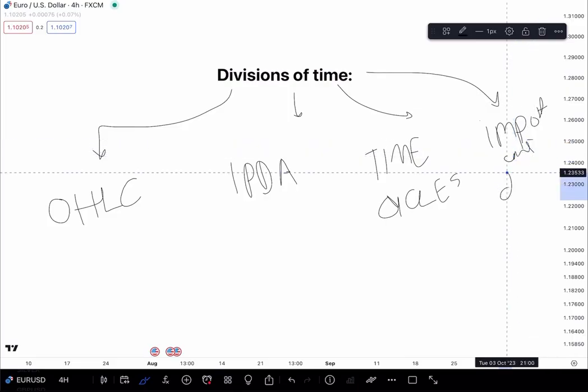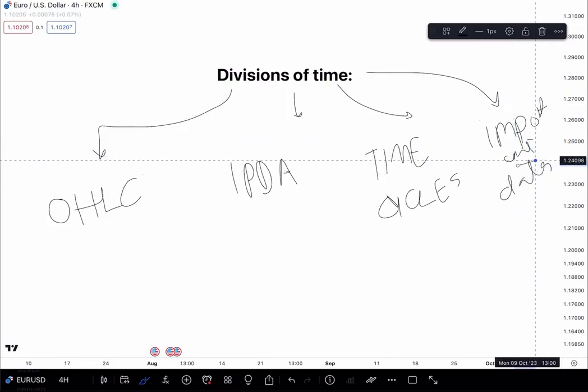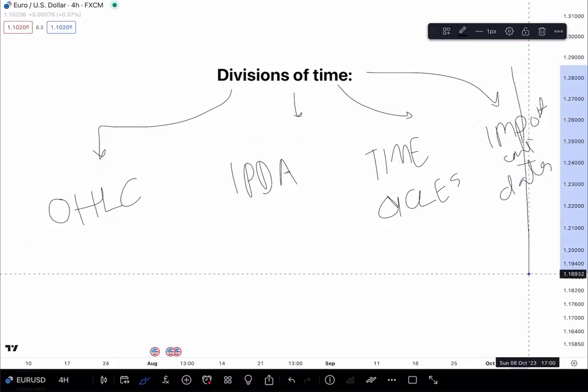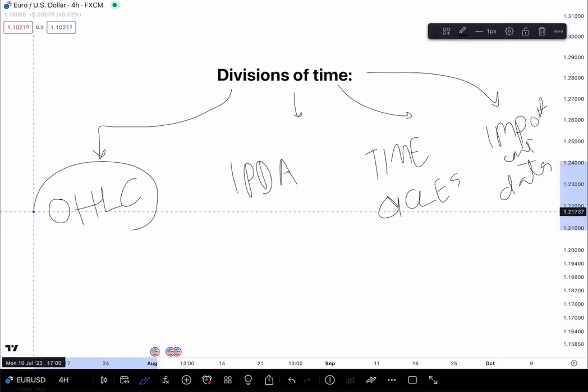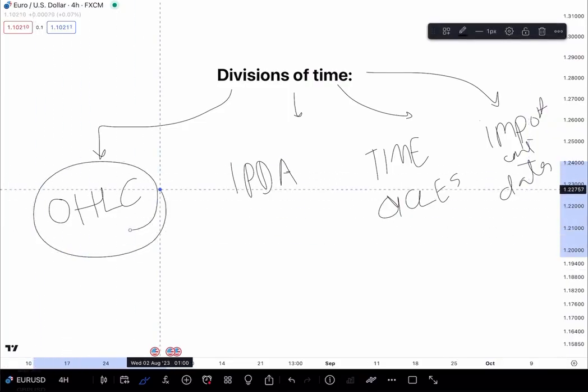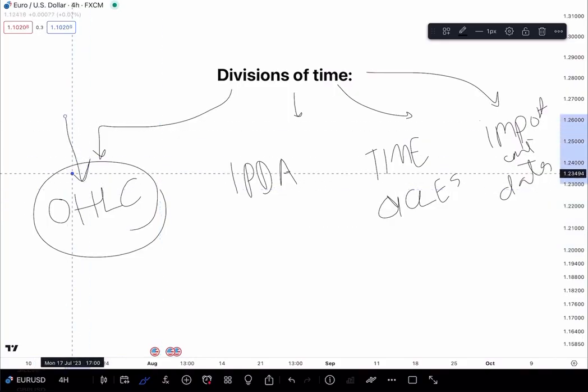Important dates. Right, so to the day, a certain day. For this teaching, we're going to be focusing on the open, high, low, and close aspect of time, right? Which by itself is an extremely complete approach to time, right?